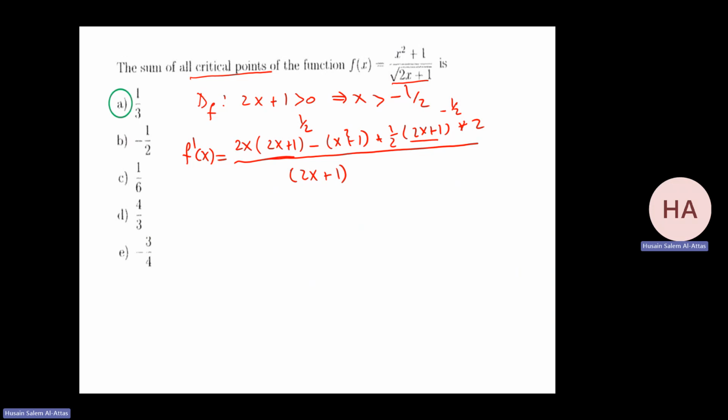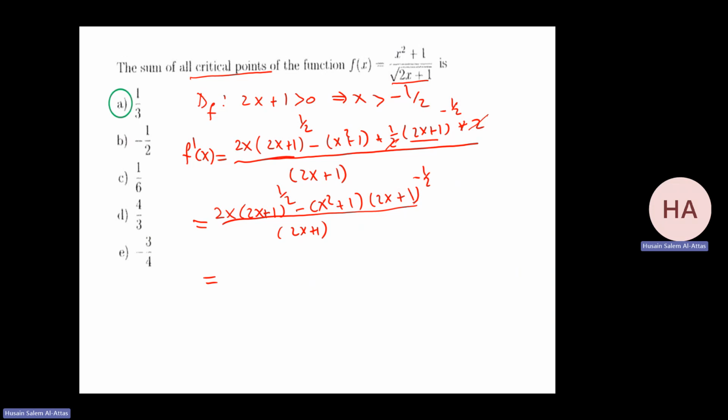Okay, now let me try to simplify the numerator. I have 2x plus 1 to the power half. Here this 2 cancelled with this 2. And I have minus x squared plus 1, 2x plus 1 to the power minus half, all of this over 2x plus 1.